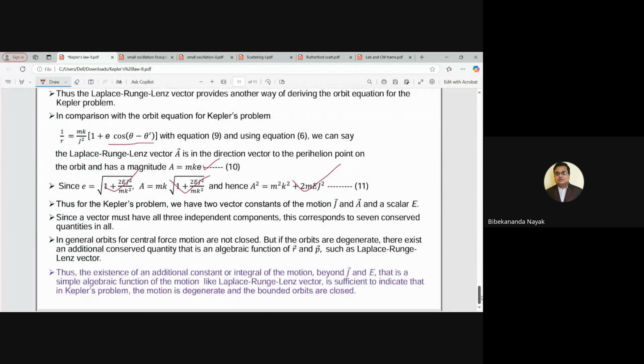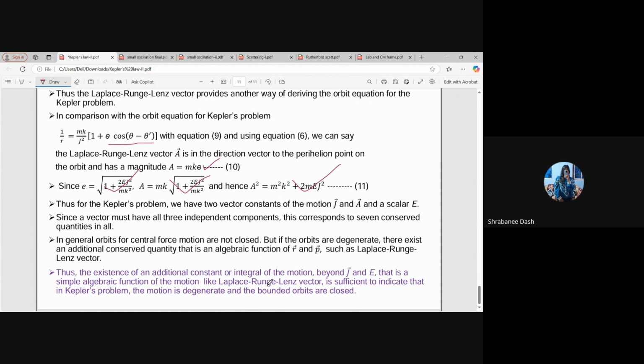In general, orbits for central force motion are not closed, but if the orbits are degenerate, there exists an additional conserved quantity that is an algebraic function of r and p, such as the Laplace-Runge-Lenz vector. So this is the importance of the Laplace-Runge-Lenz vector. You can derive Kepler's problem directly by using this. Okay?